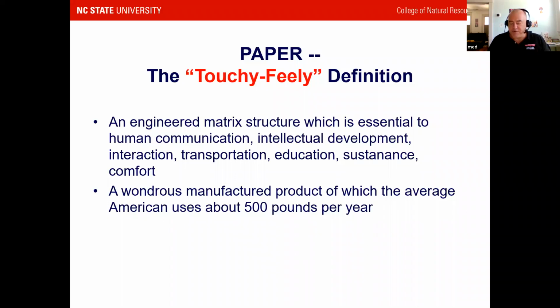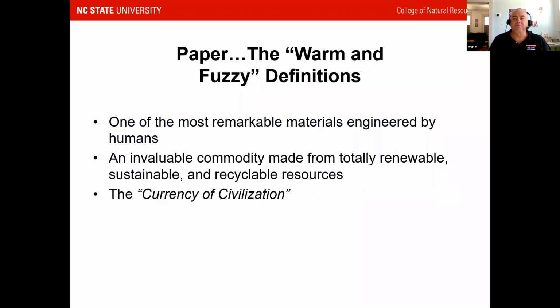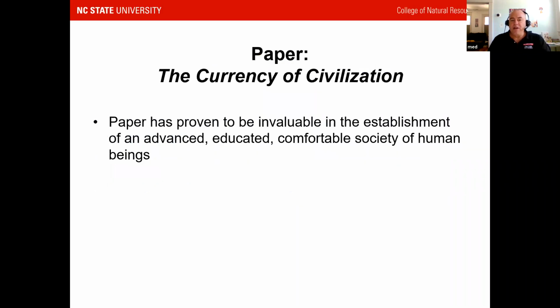And each person on this meeting uses about 500 pounds per year. And I'm going to tell you, it's one of the most remarkable things we've ever invented, right? And in fact, we're going to call it the currency of civilization. Currency lets things happen. Like you have money, you have currency, you get to do things. Well, with paper, you get to do things. So it has proven to be invaluable to society.